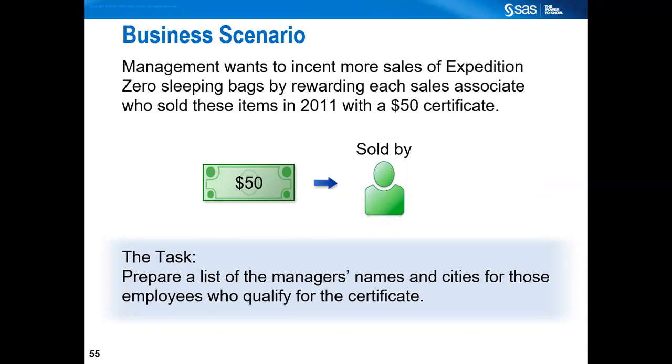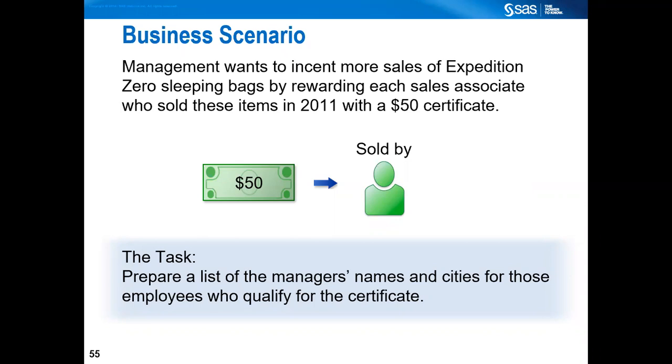So the task is to prepare a list of all those managers' names and their cities for the employees who qualify for this certificate. Of course, it's not given directly to the employee. It's always first intimated to the managers, and the managers give those rewards to the underlying employees.